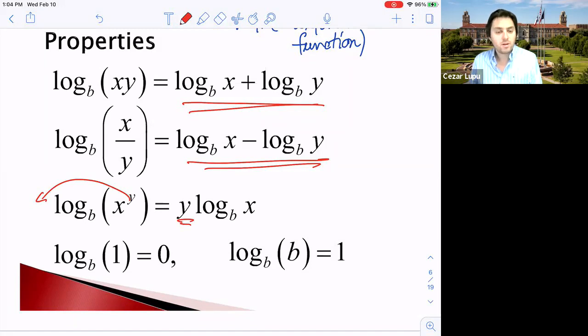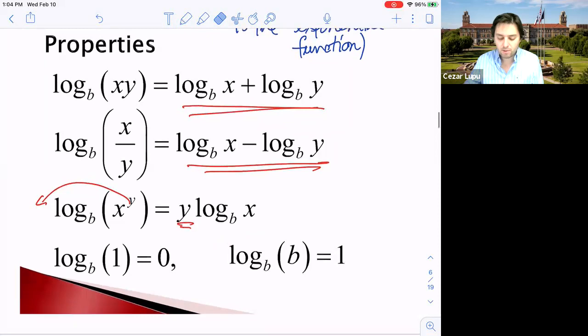And of course, log in any base of the quantity 1 will be 0, and log in base b of b will be 1. So these are the properties of the logarithms, and they will work in any base.